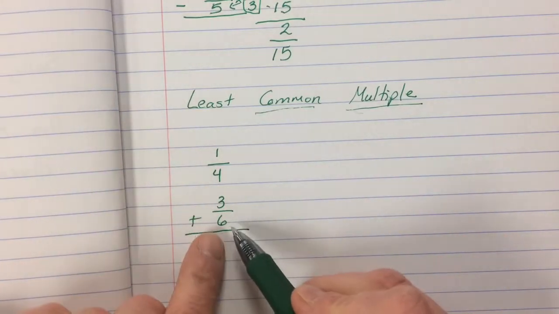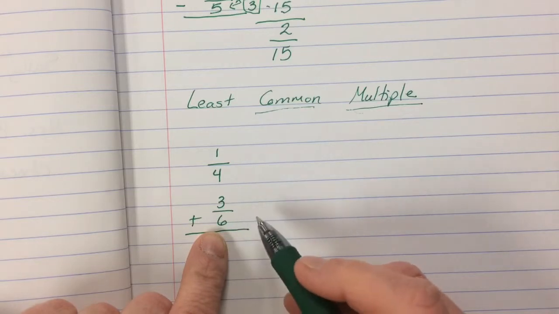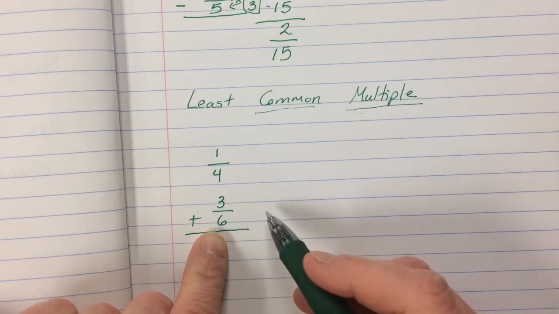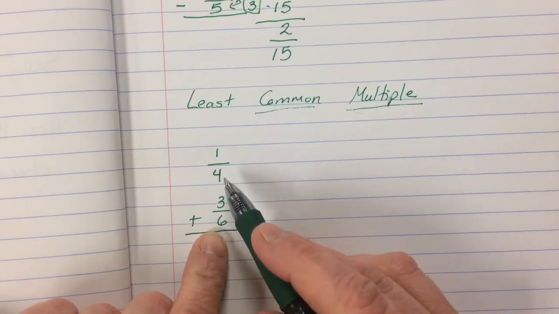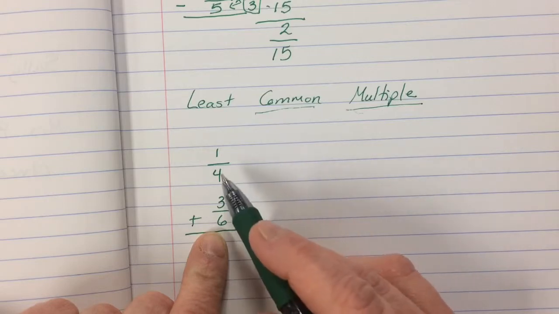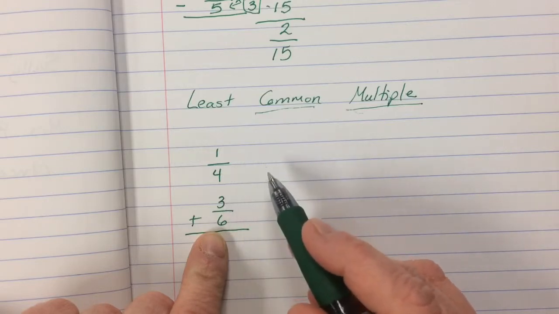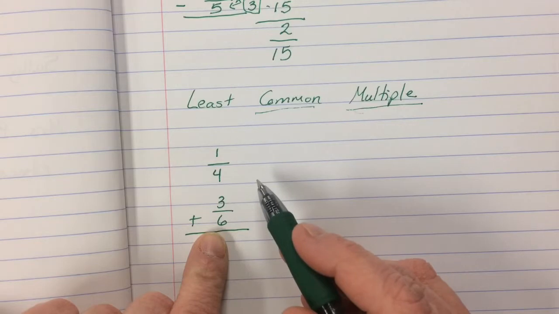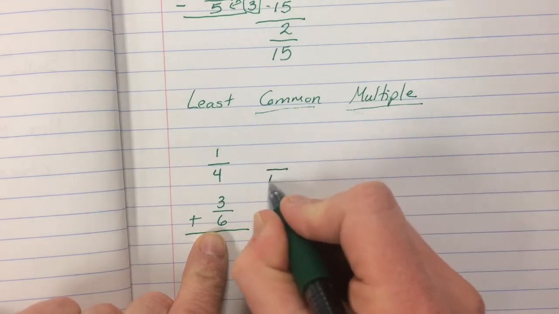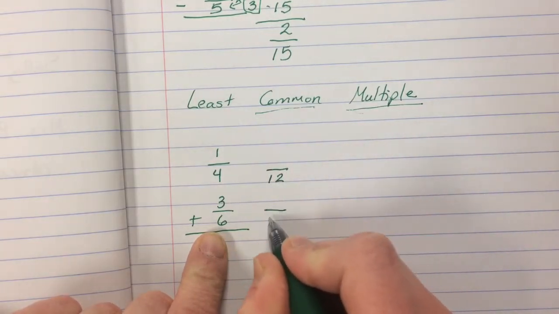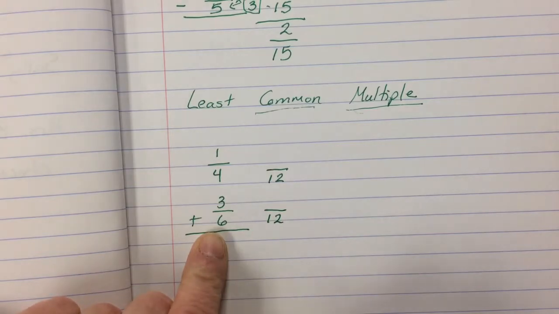So I start with the larger number, and I think 6 times 2 is 12. Can 4 become 12 also? Yes. So let's make the denominator 12.